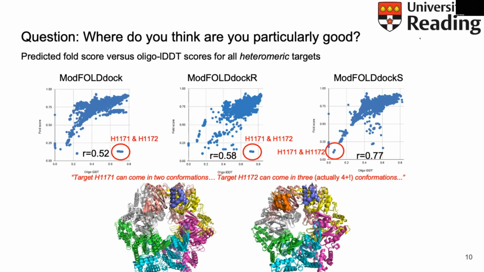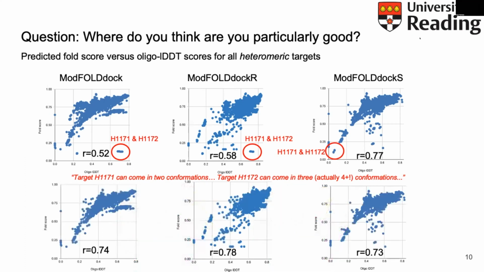I think one of them can come in four or more different conformations. So again, the data on this slide is not valid because here we only scored the models based on the first conformation to get the observed scores. So really, we obviously need to deal with this when evaluating performance. But again, if we remove these, we then get better correlations.